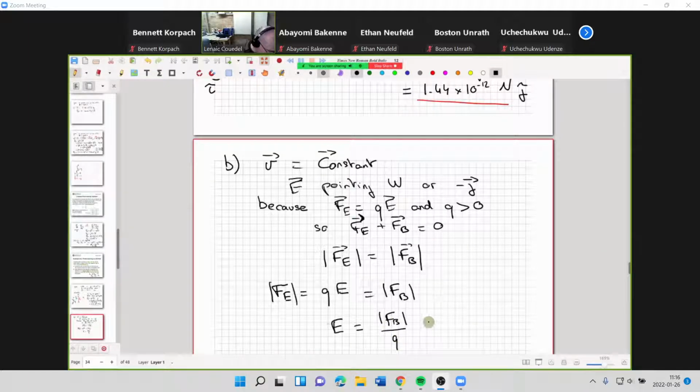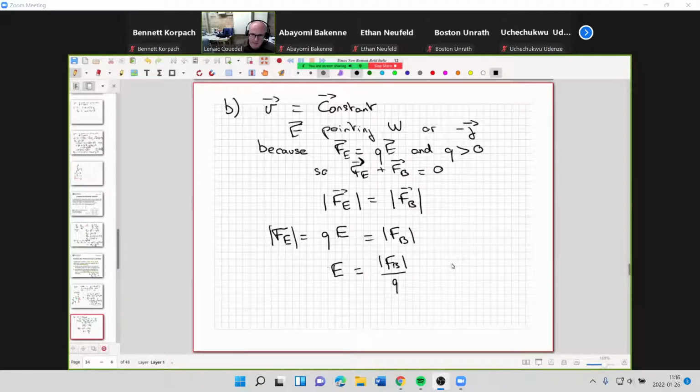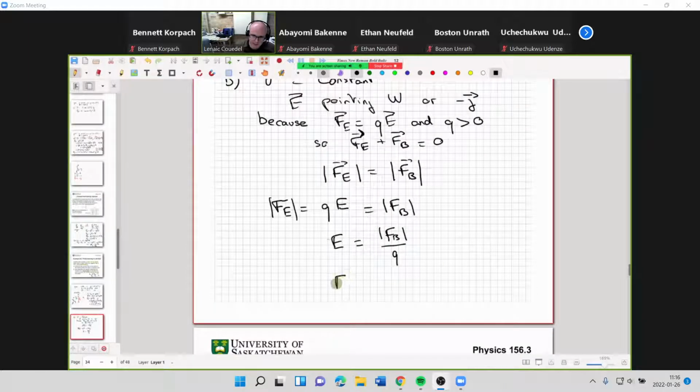So I get my electric field equal to 1.44 times 10 to the minus 12 Newton divided by 1.60 times 10 to the minus 19 Coulomb, and I obtain 9.00 times 10 to the 6 Newton per Coulomb, which is the same as volt per meter.